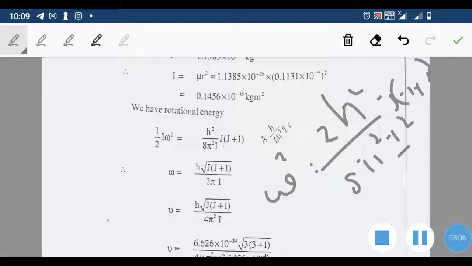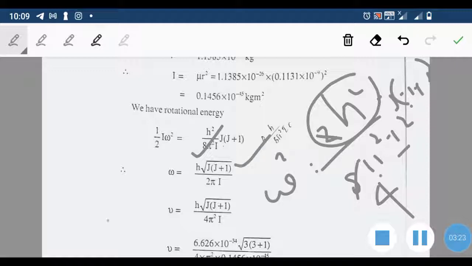Omega, the 2 and 8 you can cancel, so it is 4. So omega will be equal to root of this quantity, which becomes h root of J into J plus 1 divided by 4 pi square I square into root 2 pi I. That value we will obtain.